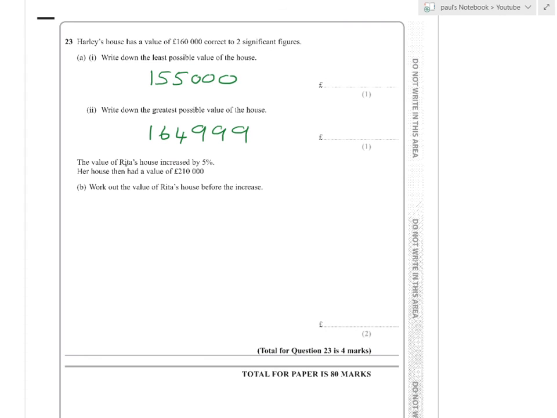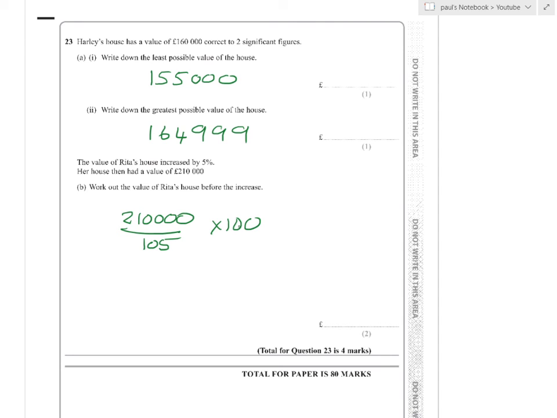Right, so the value of Rita's house has increased by 5%. Her house then had a value of... what's the value of Rita's house before? So this is £210,000, which represents 105%, the original plus the 5. So if we do £210,000 divided by 105 and then multiply that by 100, we should get the original house.